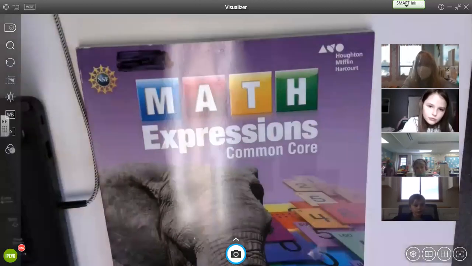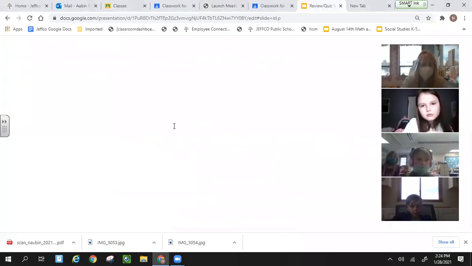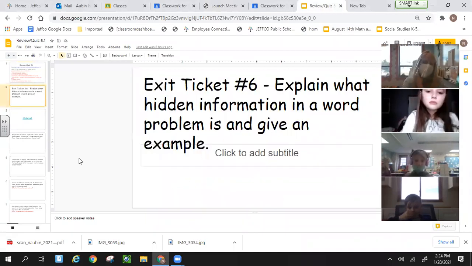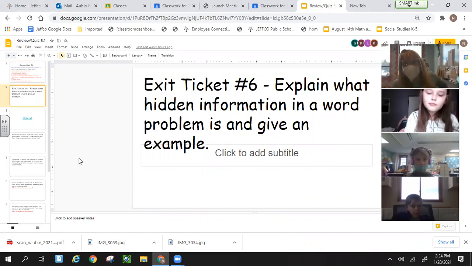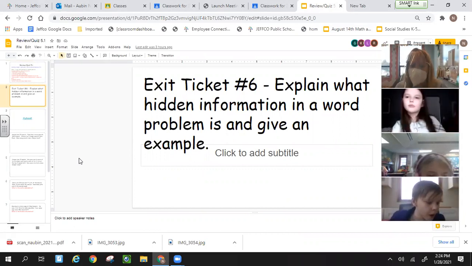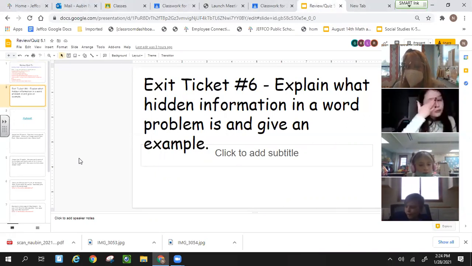So today, before we get to our learning target, I want you to do your exit ticket number 6. This is in your Google assignment for you kiddos that are remote. I will know when you turn it in. Everybody has a copy.